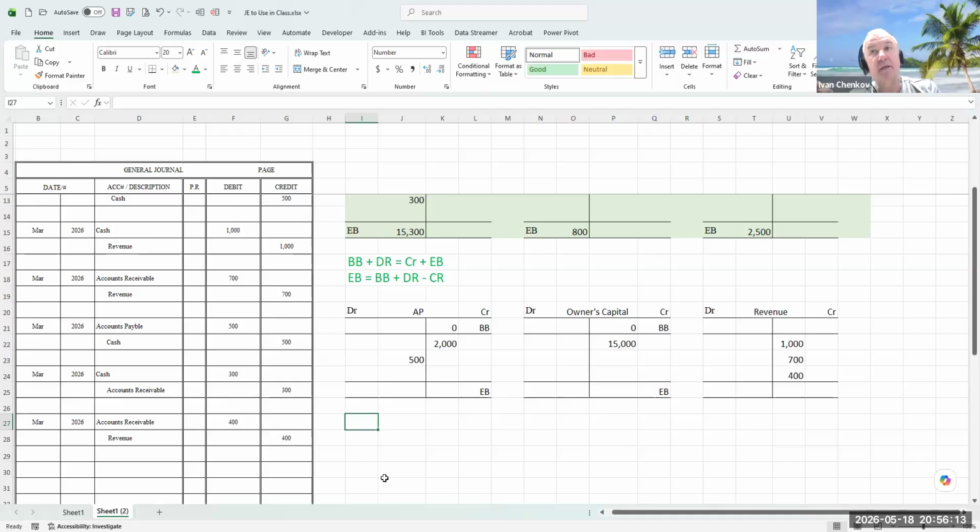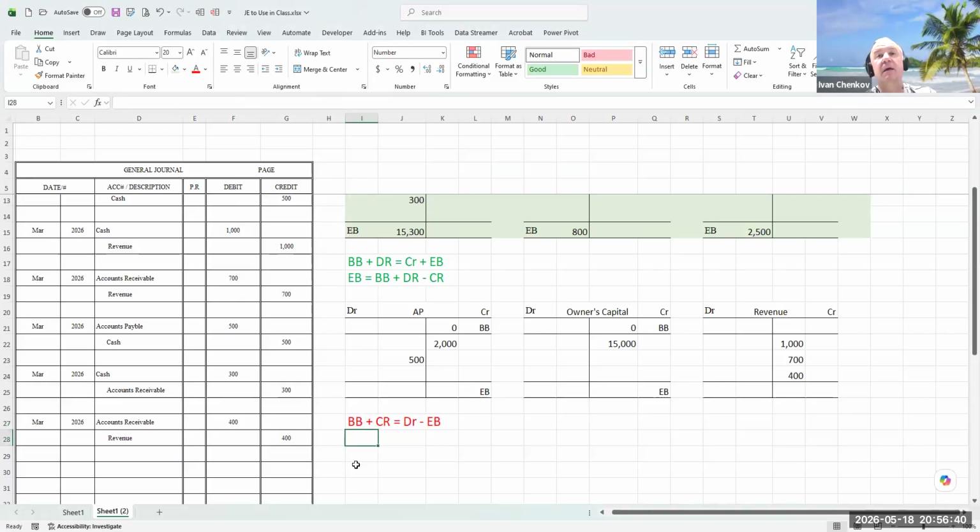In the liability account, beginning balance plus the credit should be equal to the debit minus ending balance. And let's put this one in red, just to draw your attention.